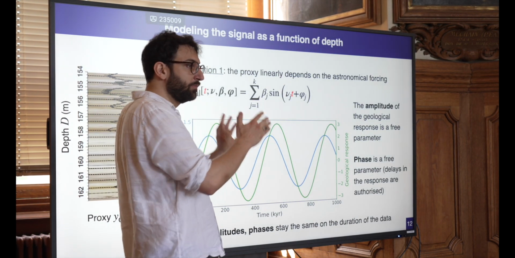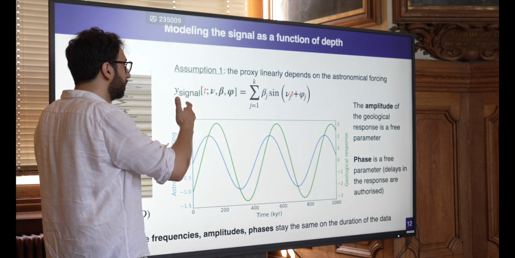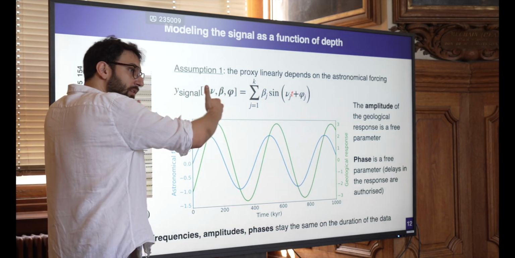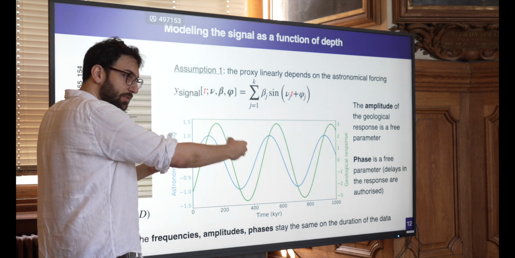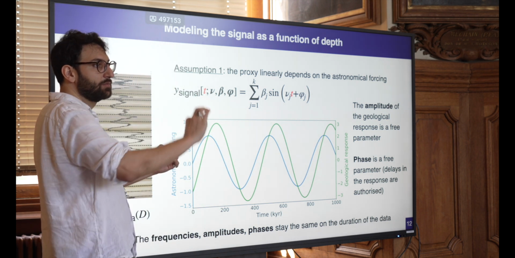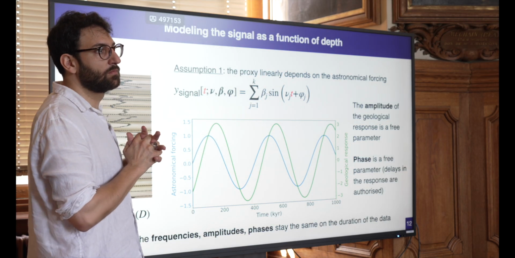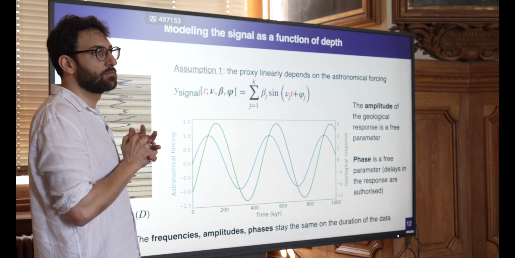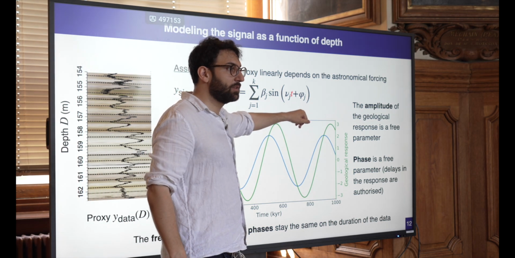But suppose you have data on 10 meters, you could do the analysis every meter, retrieve a phase at every meter, and then see if it evolves or not. I see. So it is possible to retrieve the phase parameter after the fit. The phase is one of the parameters. Yes.